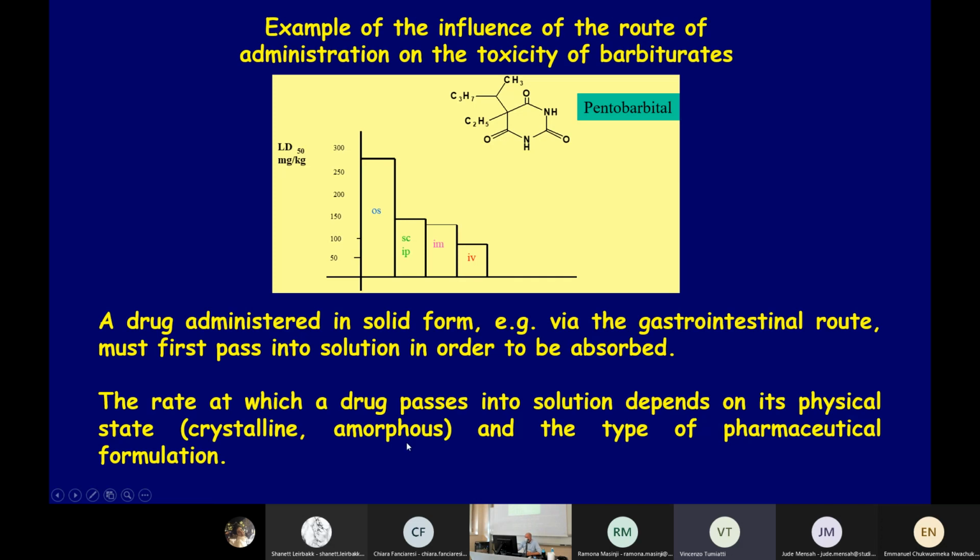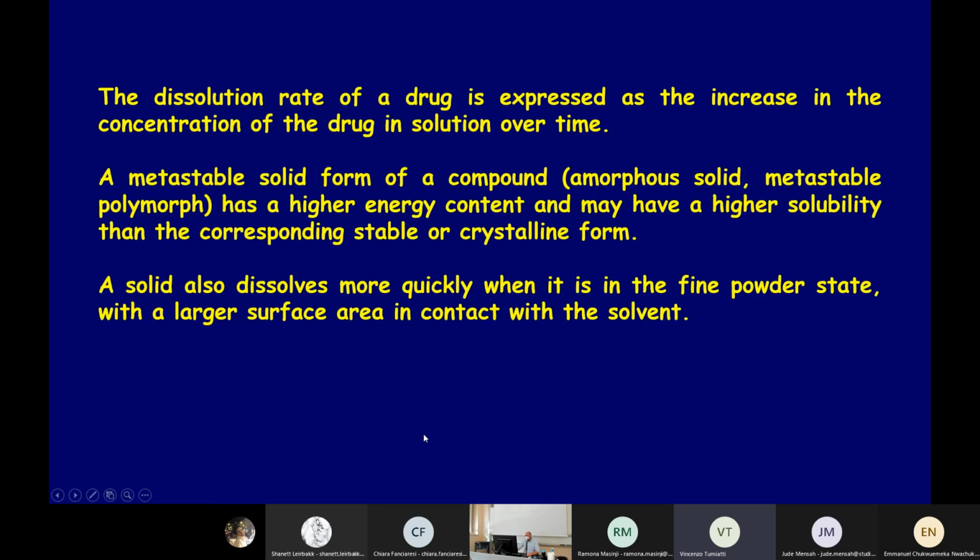It can be amorphous, can be a crystal, and amorphous solid can be present in different metastable polymorph forms, polymorphism.